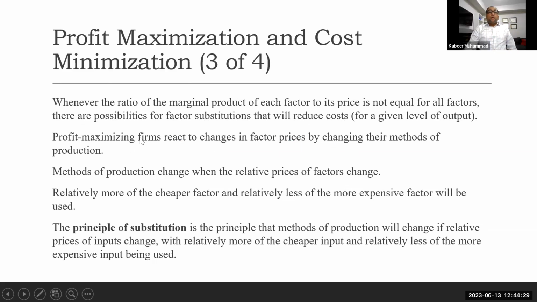Profit maximizing firms react to changes in factor prices by changing their method of production. We see all over the world that some countries produce goods which are labor intensive, because labor is cheap there, so they produce things in which more labor is required. Some countries produce goods where more capital is required, because capital is cheaper in those countries as compared to labor.